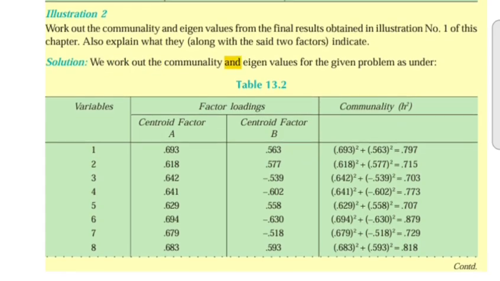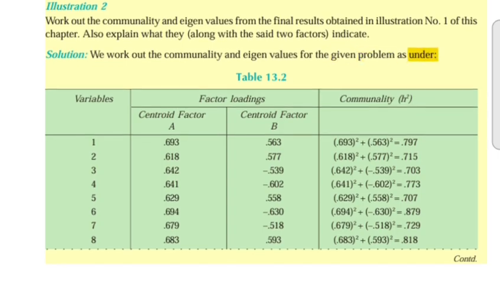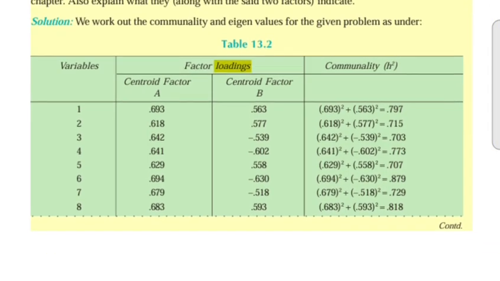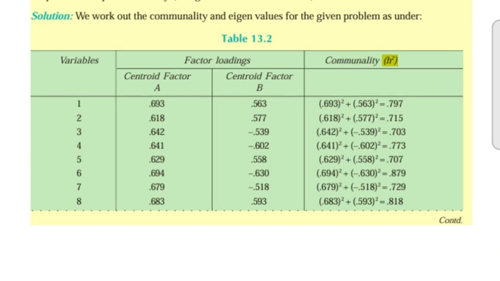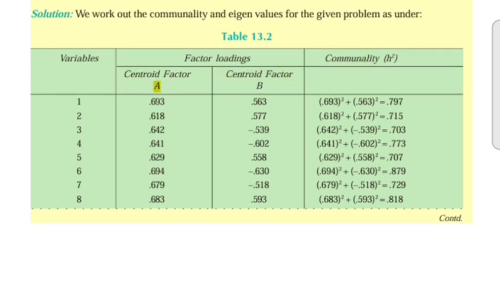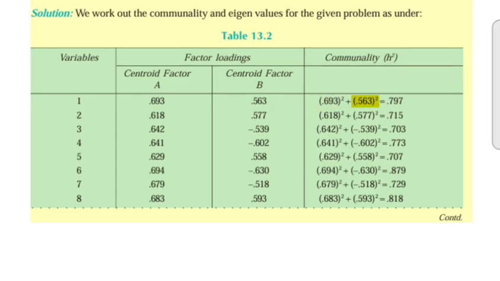Solution. We work out the communality and eigenvalues for the given problem as under. Table 13.2: variables, factor loadings, communality h squared. Variable 1: 0.693 squared plus 0.563 squared equals 0.797.